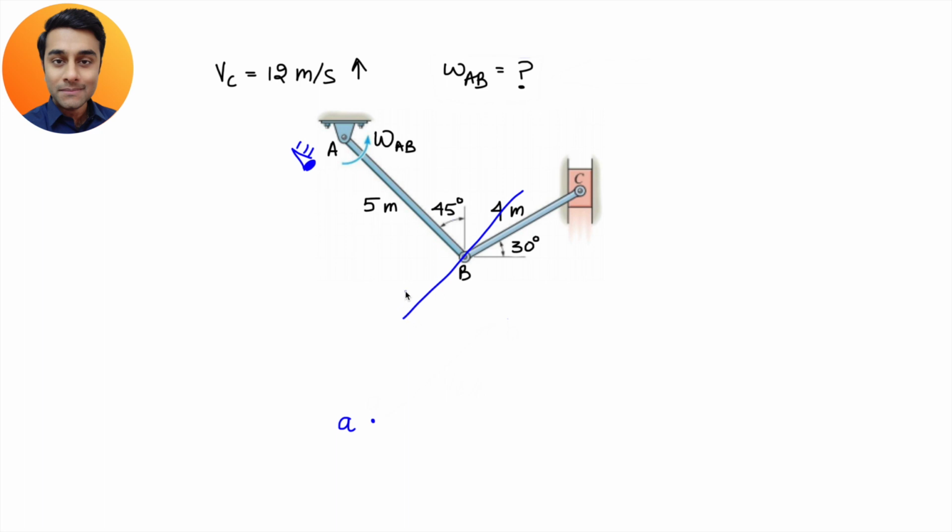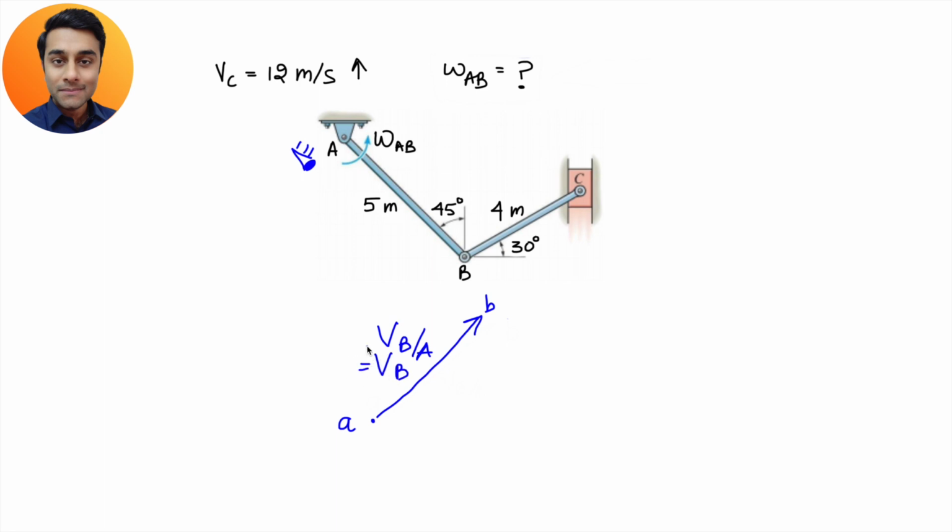So, we can draw a line which is perpendicular to AB like this. And since AB is moving in this direction, B will move in this direction. So, let us put an arrow here. And this is showing the velocity of B with respect to A. And since A is at rest, it is telling the definite velocity of B.